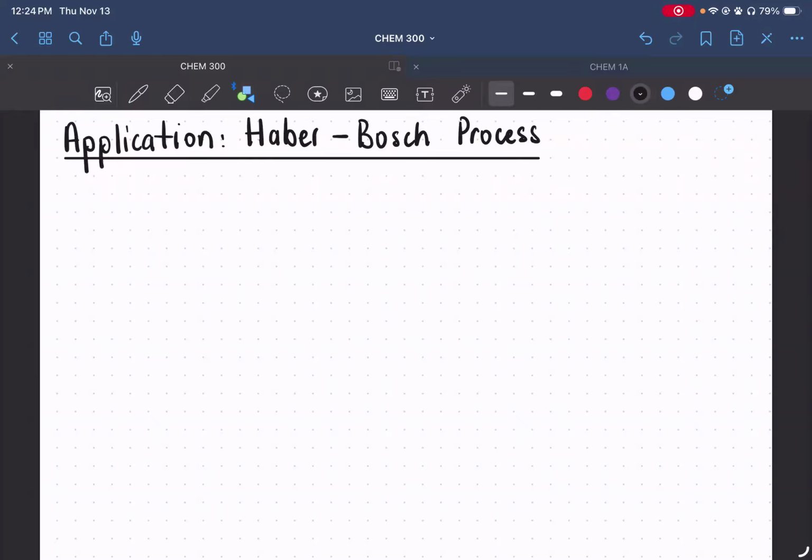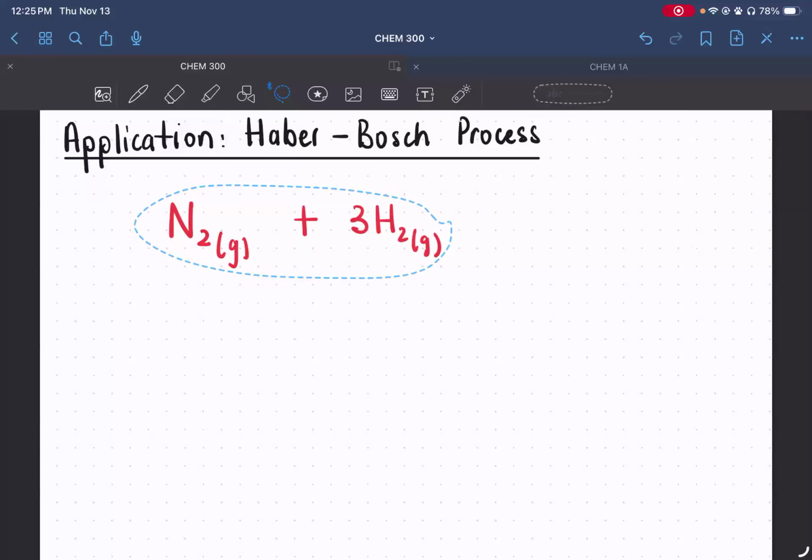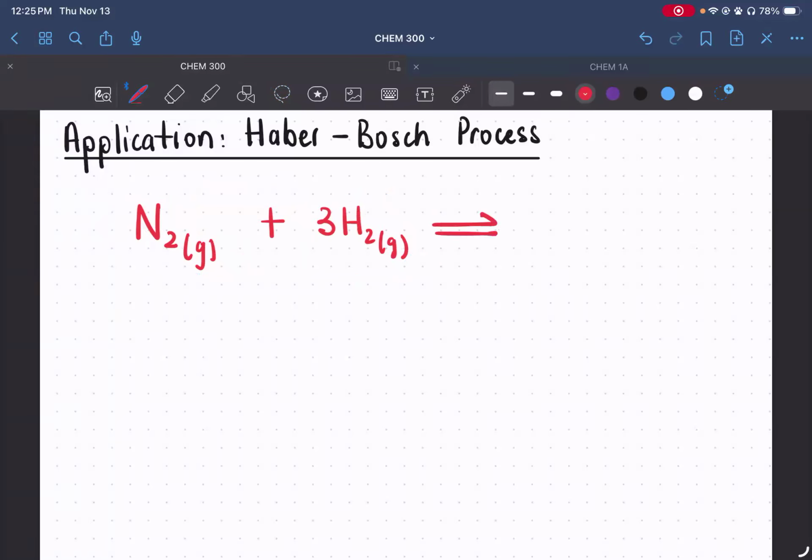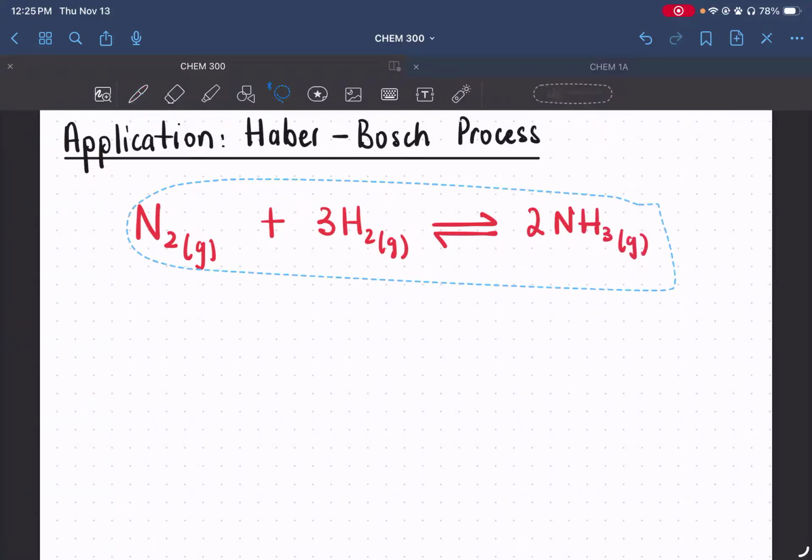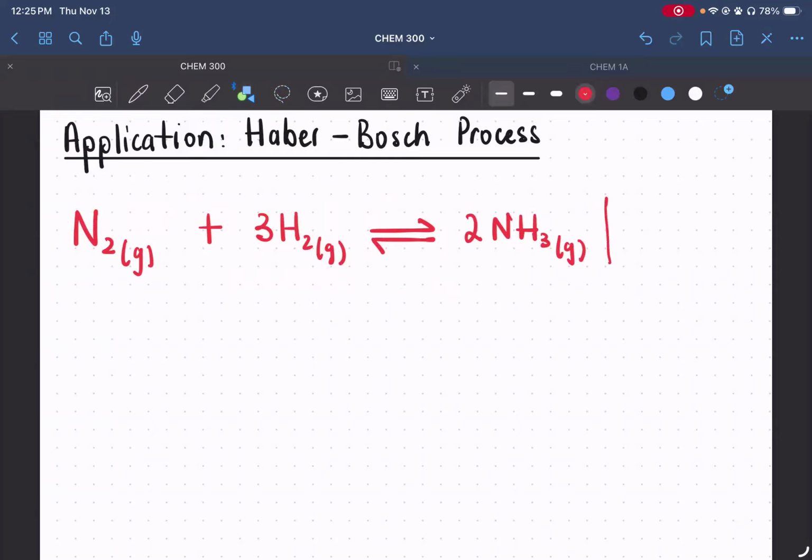The Haber-Bosch process is the following reaction. It is a combination of N2 gas and hydrogen to form NH3, aka ammonia. I'm also going to go ahead and tell you that the delta H for this reaction is negative 92.2 kilojoules per mole.